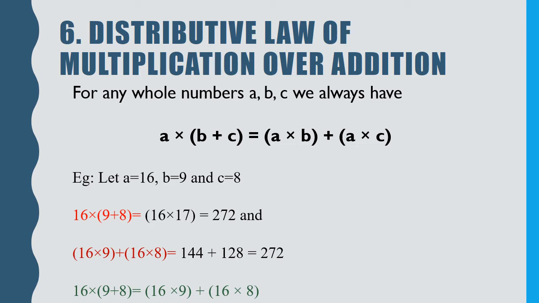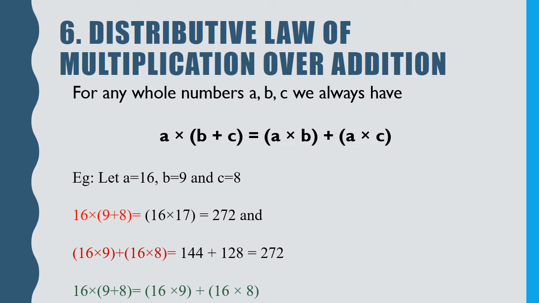Firstly, it is written as a multiply b plus c, and then on the right side, see what we are doing. We are distributing a first with b and then with c. We are first multiplying a with b, then we are putting it in a bracket, and then we are using the addition sign and then giving the a again to c, a multiply c.